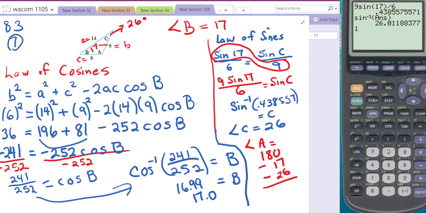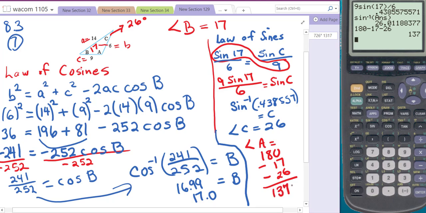So 180 minus 17 minus 26, enter, and we get 137. So that would give me angle A. So angle A would be 137.